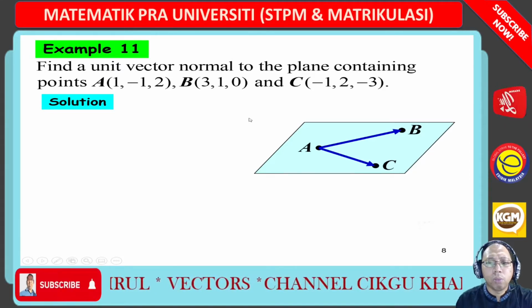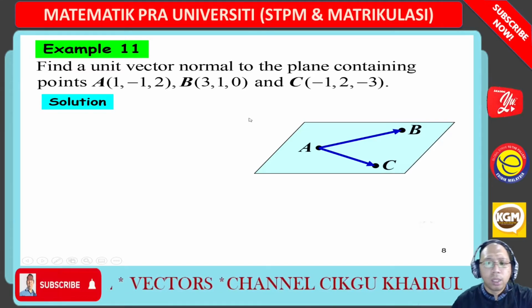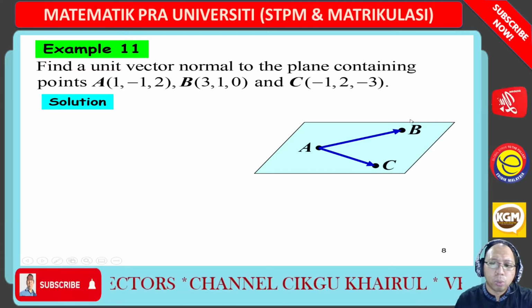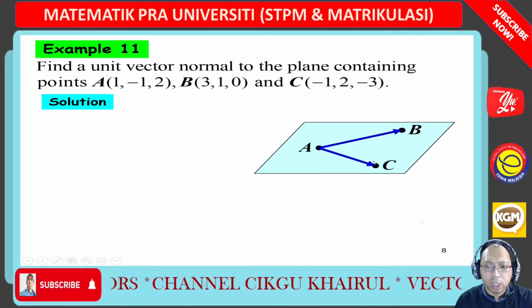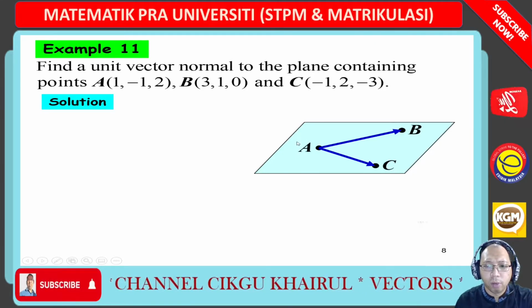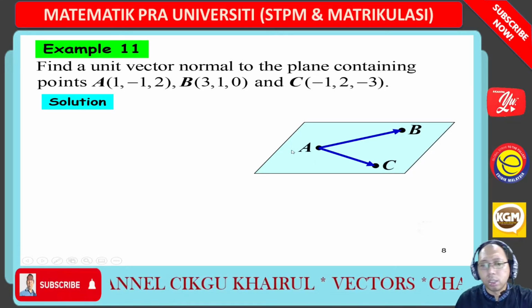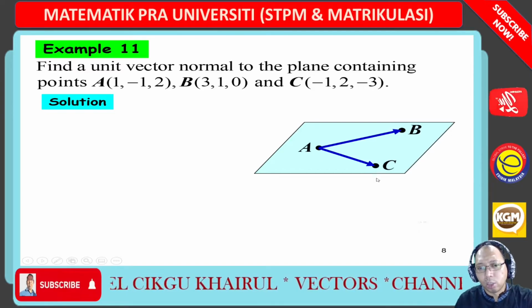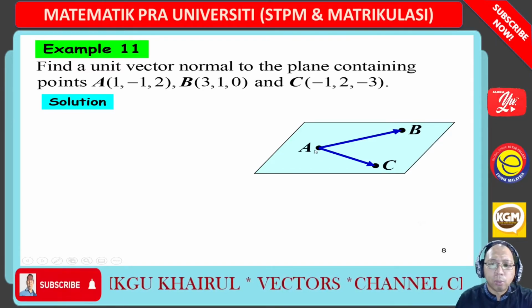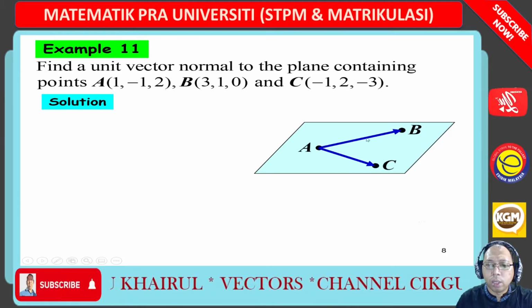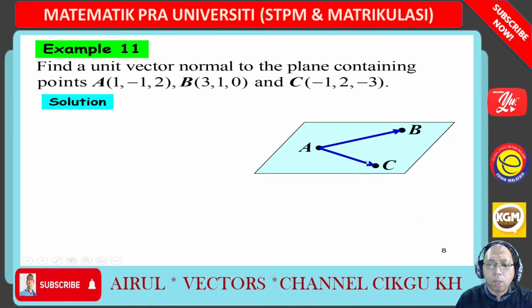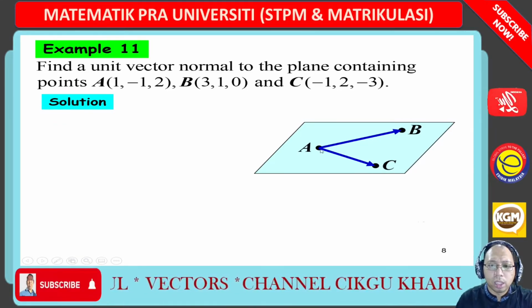Okay, let's say we choose A as the initial point, so A to B and A to C, from the same initial point. So B and C become two terminal points.